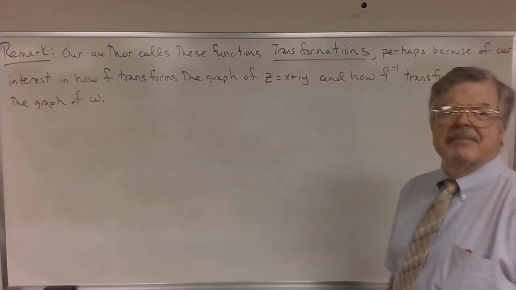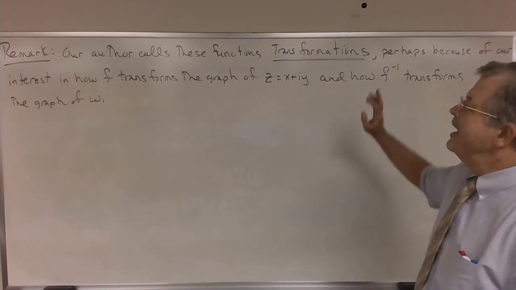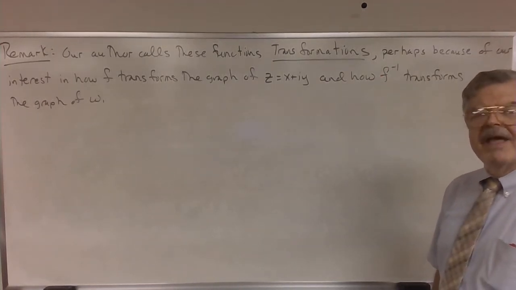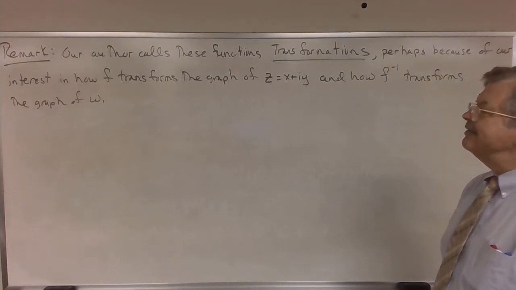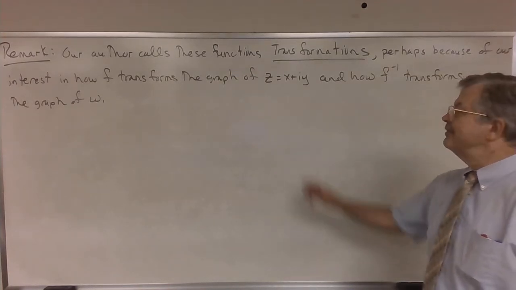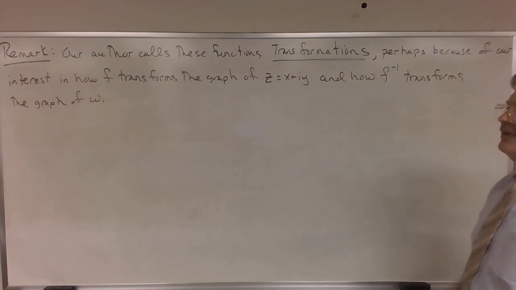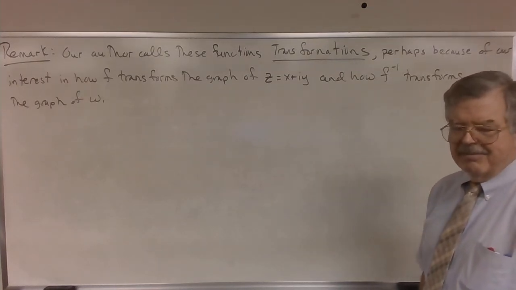Just one more comment before we do some examples. Our author calls these functions transformations, perhaps because of the way f transforms the graph of z and how f inverse transforms the graph of w.